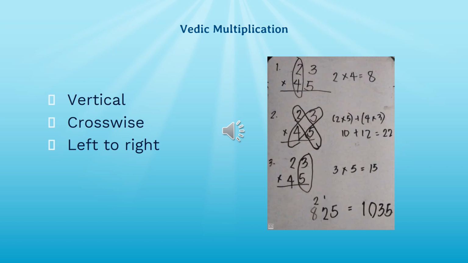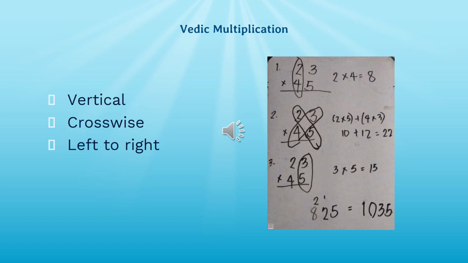That's 2 times 5 plus 4 times 3. 2 times 5 is 10 plus 4 times 3, 12. The answer is 22. Here we will only need the last digit of 22, so we carry the first digit over, adding it to our first partial product, which is 8. 8 plus 2 is 10. Then we attach the 2, and it becomes 102.